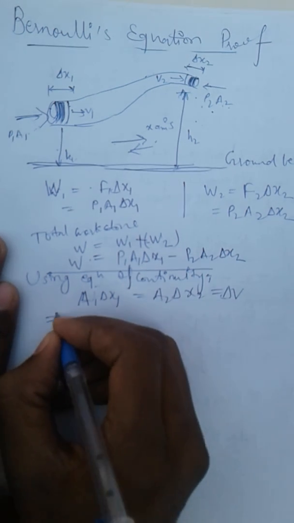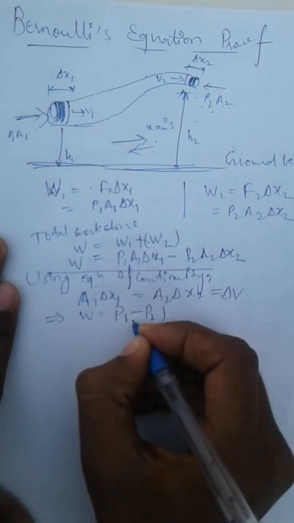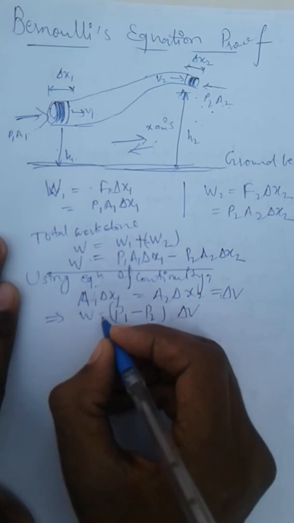Okay, understand? Then next, W equal to P1 minus P2 times del v.